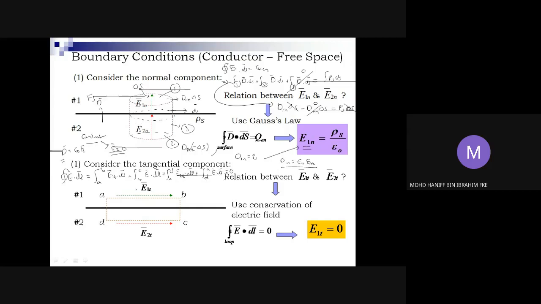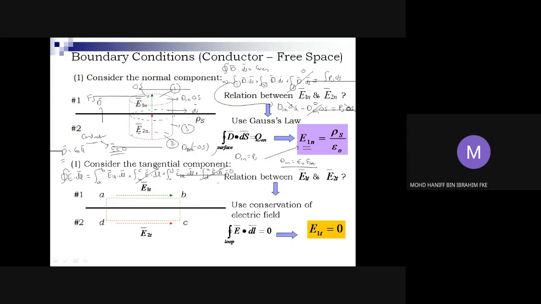If we base on this integration, we can see that from B to C and D to A, the value of E dot dl will be 0. Why? Because we have learned from this diagram that from B to C and D to A, the dl is in a vertical direction, but the E field is in a horizontal direction.